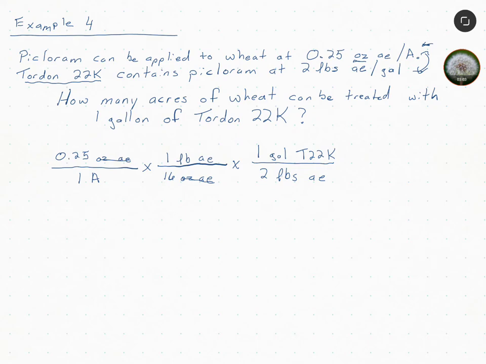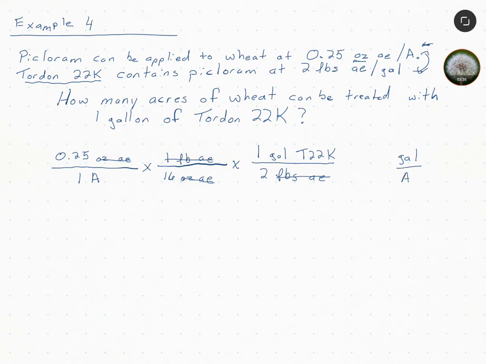Okay, so again, we can cancel these units out now, pounds of acid equivalent. And what this is going to tell us then, if we just look at the units and ignore the numbers for the time being, is that there's 1 gallon of Tordon 22K per acre. Okay, so that gives us the information in gallons per acre.